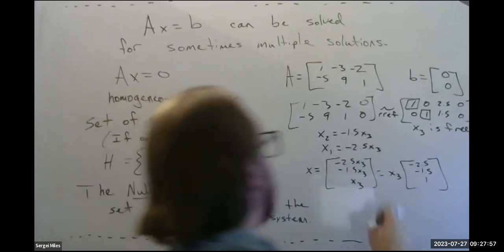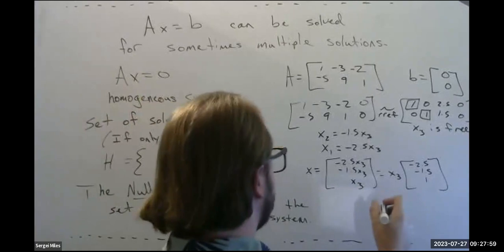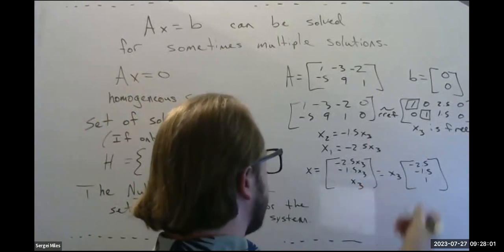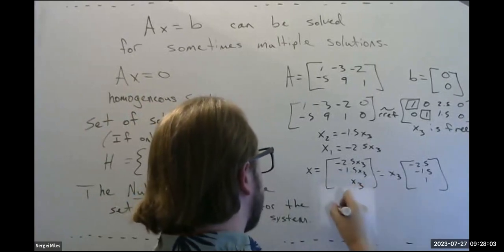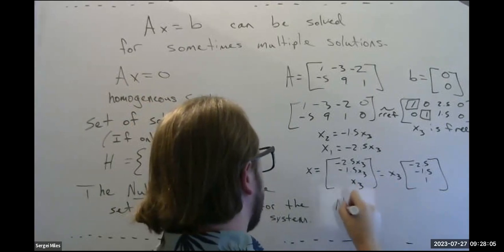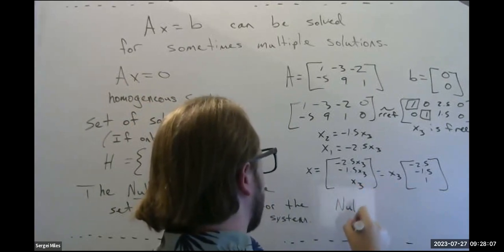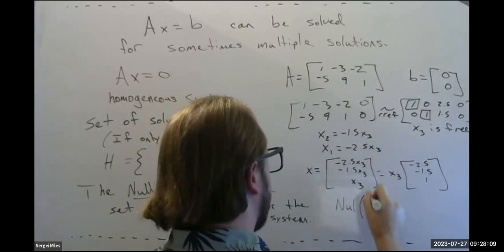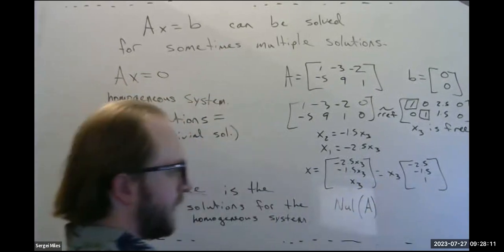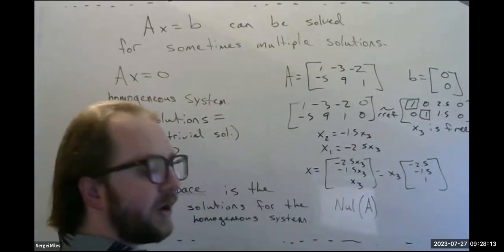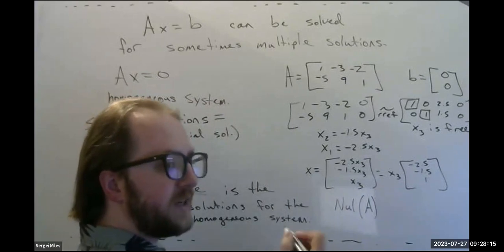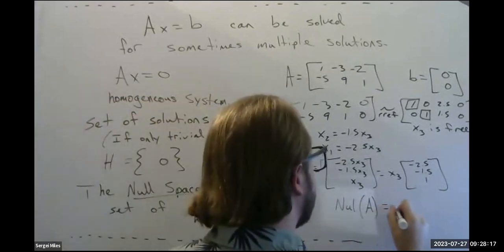In fact, the set of all possible solutions here, and I'll go ahead and introduce the notation. When we're talking about null spaces, we're going to write NUL for null. And this is the null of A, the null space of A. This is the set of solutions to the homogeneous system. What is it?